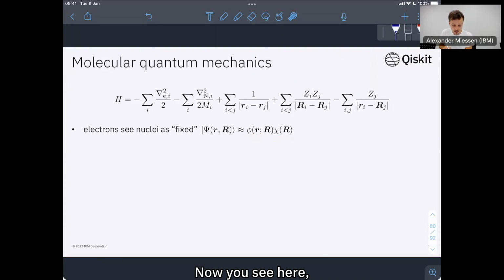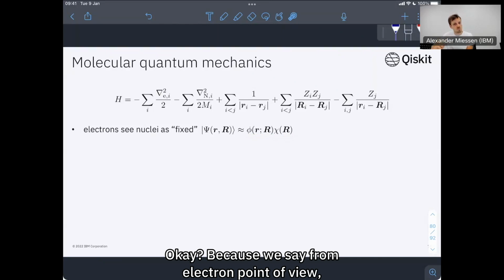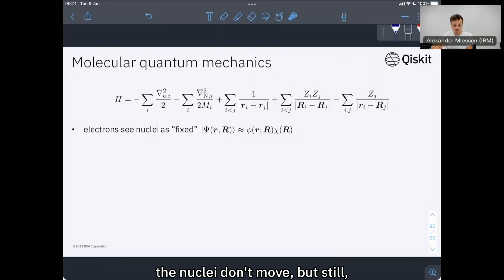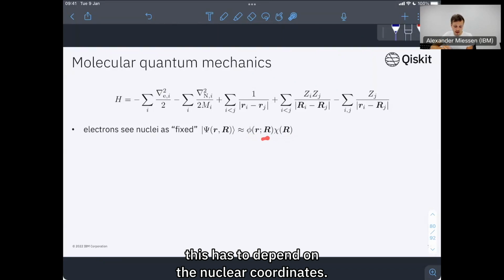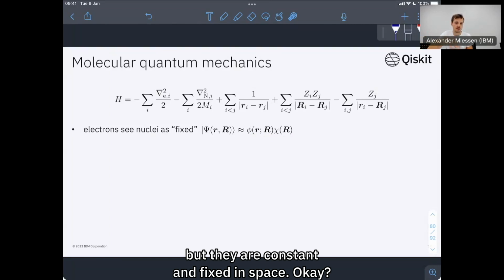Now you see here, there's still this R in the electron part, but the crucial observation here is that we only take this as a parameter. So it's constant, okay? Because we say, from an electron point of view, the nuclei don't move, but still this has to depend on the nuclear coordinates. So there's an interaction with the nuclei, but they are constant and fixed in space, okay?